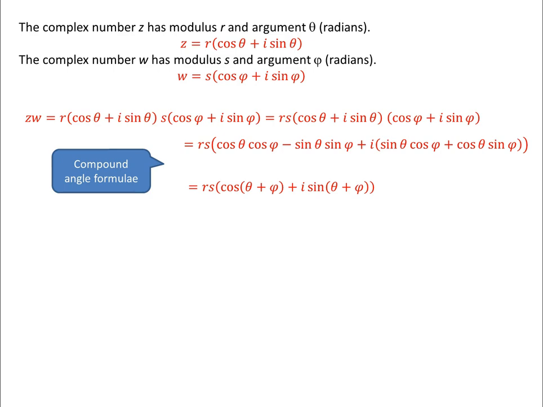It also tells me that sin theta cos phi plus cos theta sin phi is exactly the same thing as sin(theta plus phi). So our expanded version of zw simplifies to rs times cos(theta plus phi) plus i sin(theta plus phi).